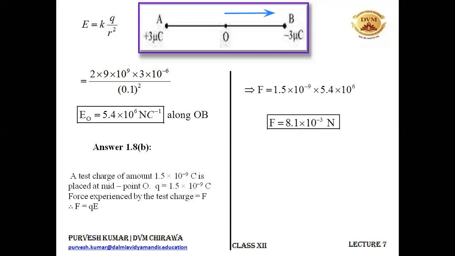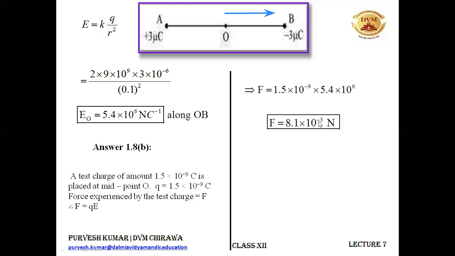All right. Now please tell me what is the direction of this force. What is the direction of the force on the charge placed at O? It's a negative charge. In the question they are saying it's a negative charge placed at point O. This is the magnitude we have obtained, 8.1 into 10 to the power minus 3.